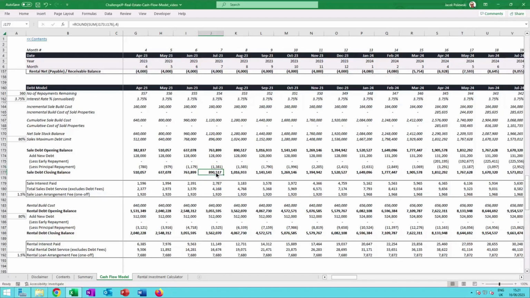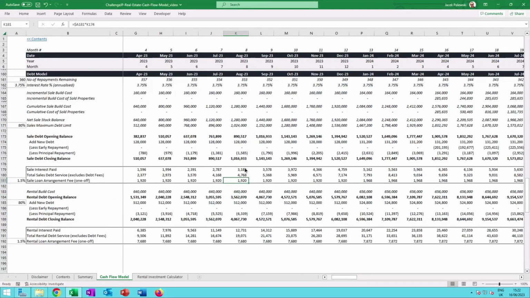So in order to get to my closing balance, my debt closing balance, I just have to take any opening balance plus any new debt, and then from that figure I have to subtract my principal repayment. Okay, that gets me my closing balance here, which gets carried over to opening balance. Then again, I'm adding additional debt. Then I adjust it for any early repayments or any principal repayments, and that calculation continues.